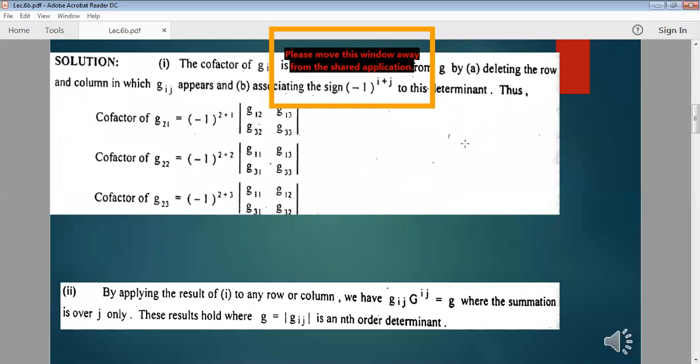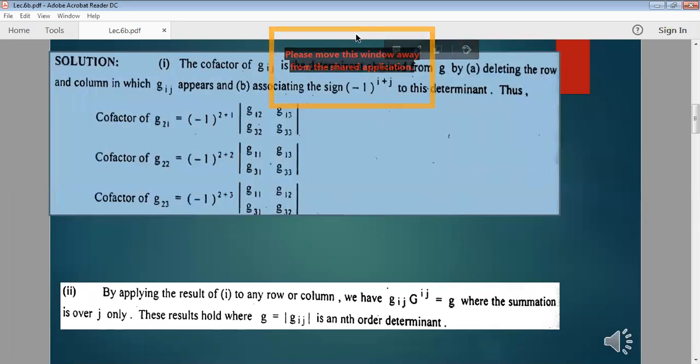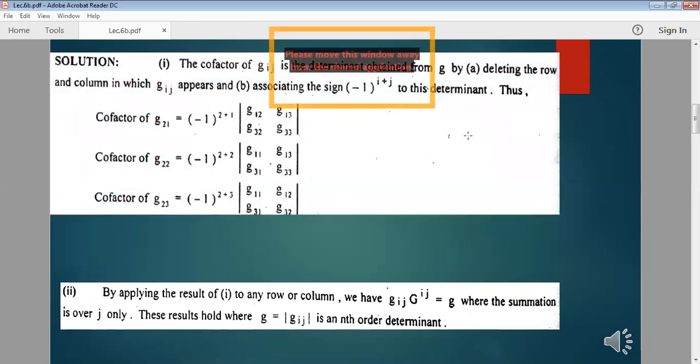So what is the result of this one? The cofactor of Gij is the determinant obtained from G by (a) deleting the row and column in which Gij appears, and (b) associating the sign (-1) to the power i plus j to this determinant.